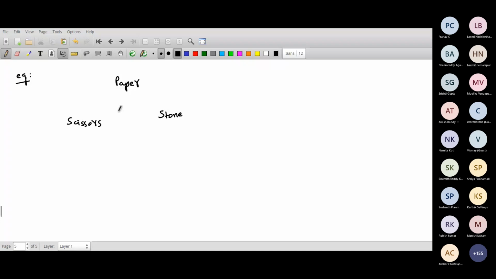So here there is a mapping, not between these items. I'll tell you what the mapping is, but there is a relation. Scissors beats paper, paper beats stone, and stone beats scissors. All right. Now the same thing can be represented again.